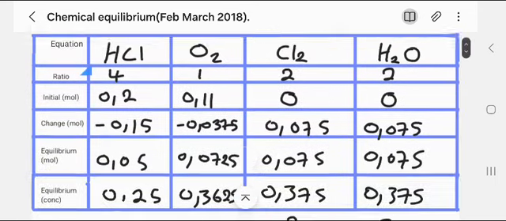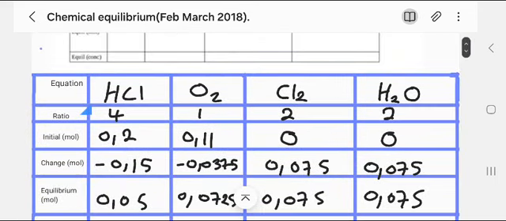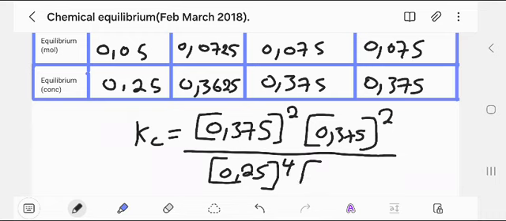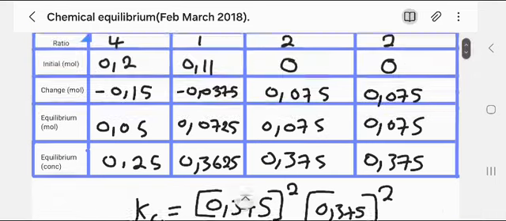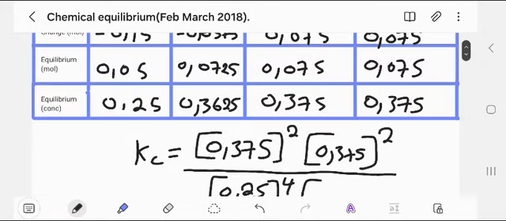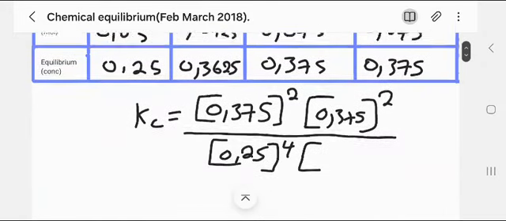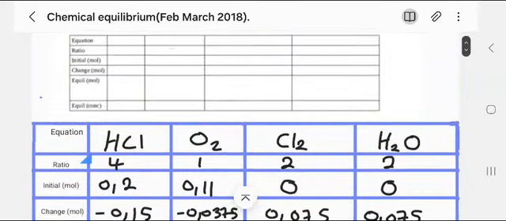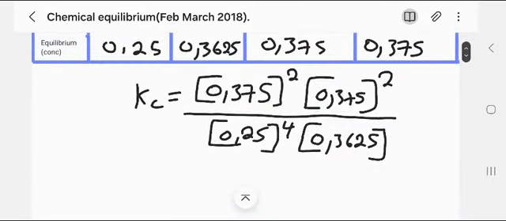This is raised to the exponent, what the ratio there is, 4. Raised to the power of 4. Then there we had again 0.3625. This will be raised to the power. Let's check. We have 1 there, so just 1 is the same as nothing.